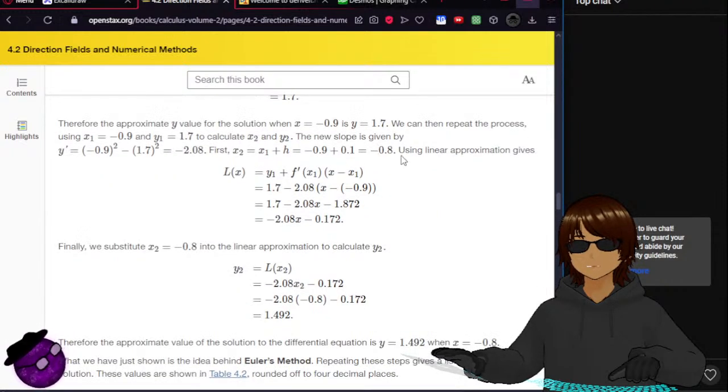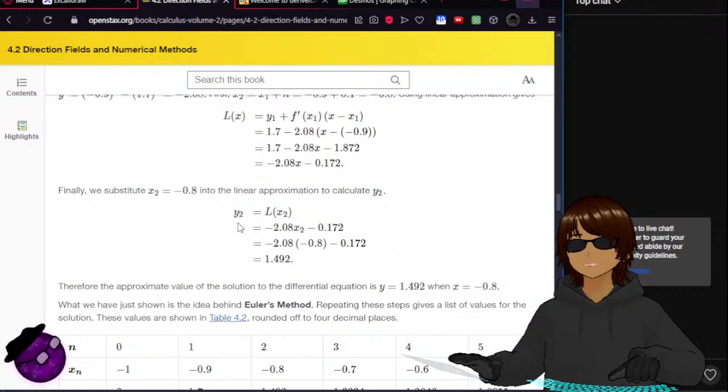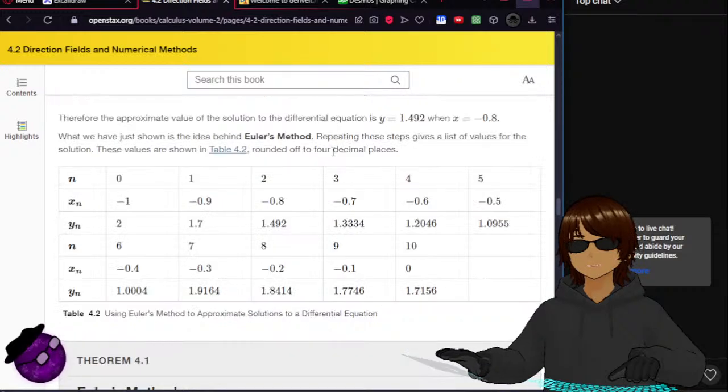Then x2 is minus 0.8. This is the linear approximation, and y2 is 1.492. What we have just shown is the idea behind Euler's method. Repeating these steps gives a list of values for the solution.